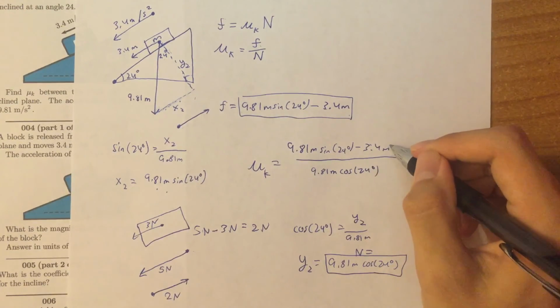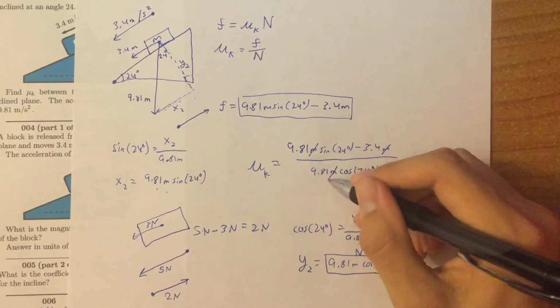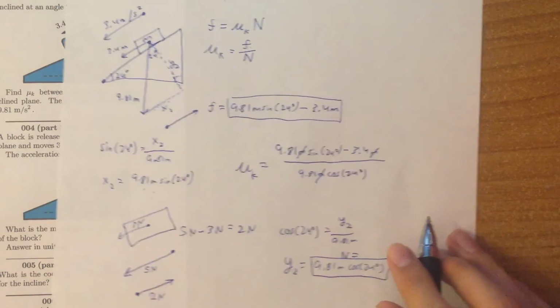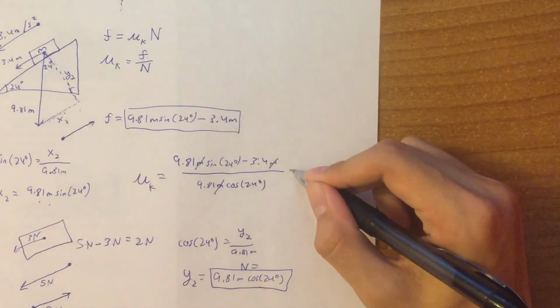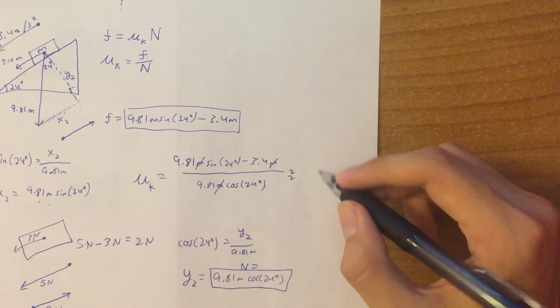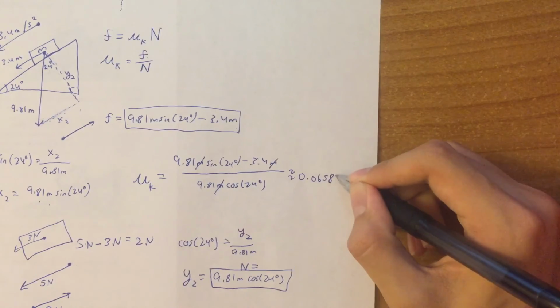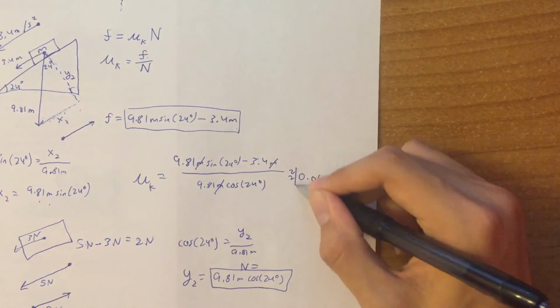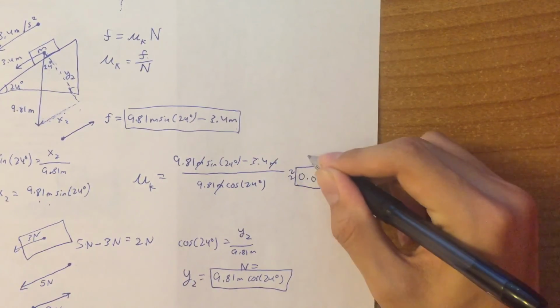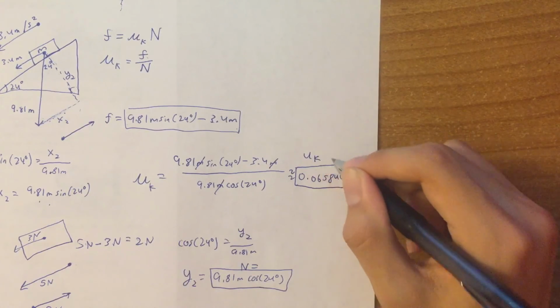You can see here that the mass cancels out. And I'm going to get a calculator to find what this equals. And it's equal to around 0.065844. So this is the value of our coefficient of kinetic friction.